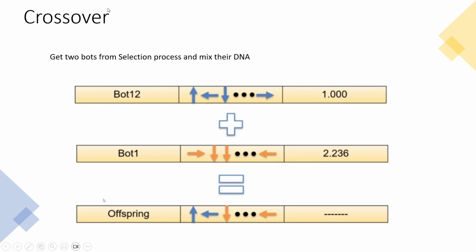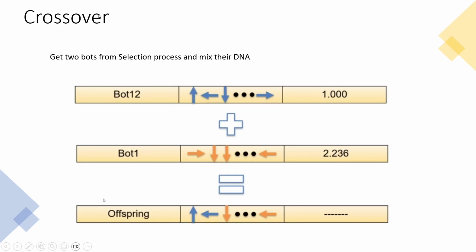There are two terminologies here: crossover and offspring. Offspring is the child of these parents. These guys are called parents, and this is the parents' child, or offspring.